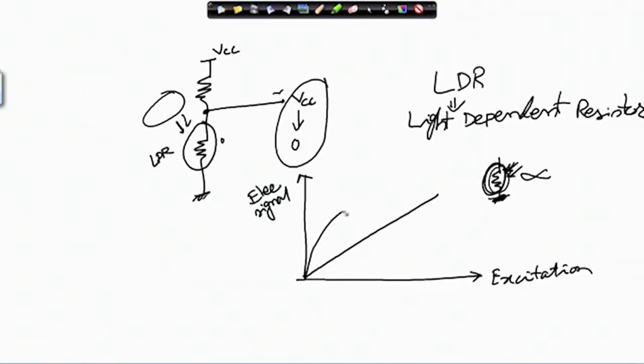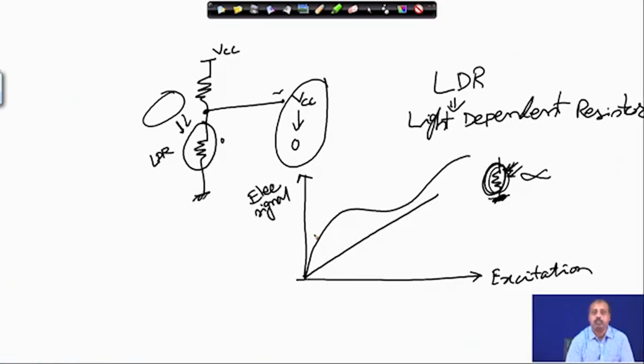Maybe it will go like this. So, what is required is that we have to identify the range, and depending upon the range we have to do some sort of piecewise linearization or something like that. But ultimately, what I mean is that this transducer alone is not sufficient for this purpose.